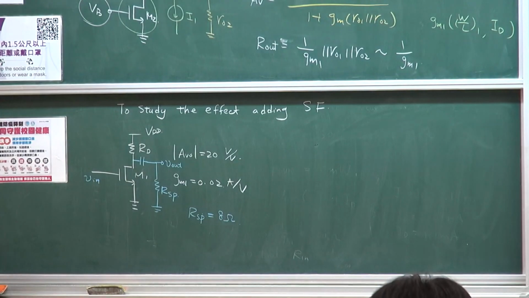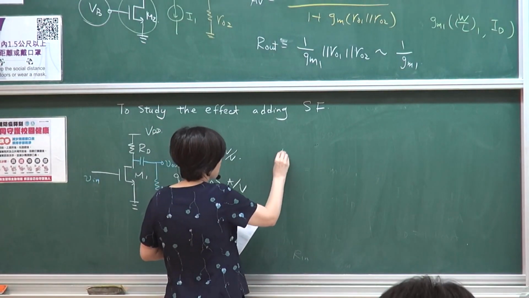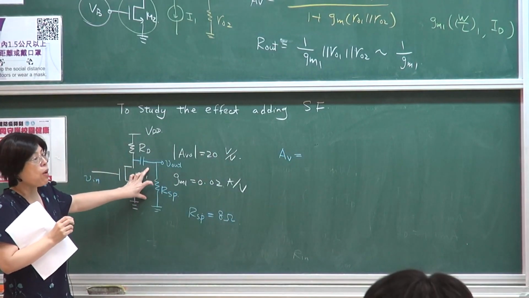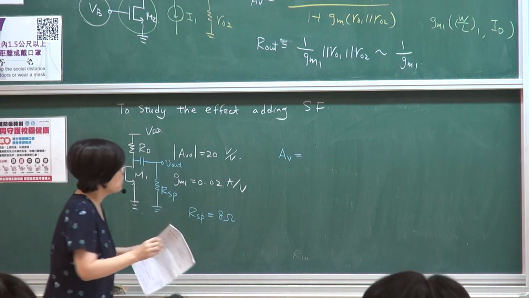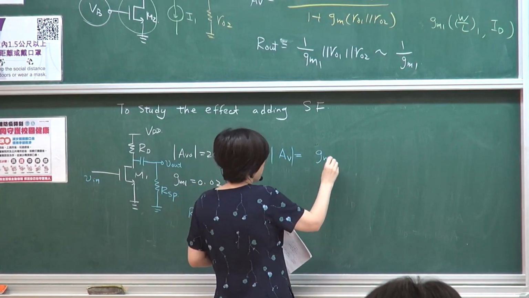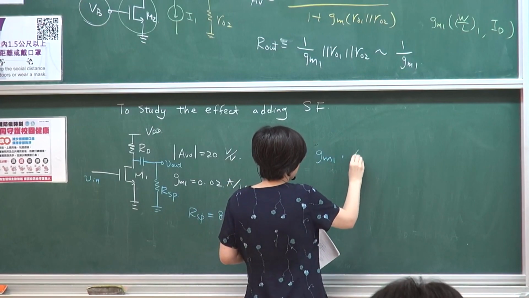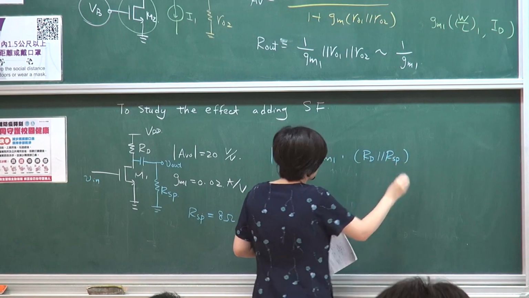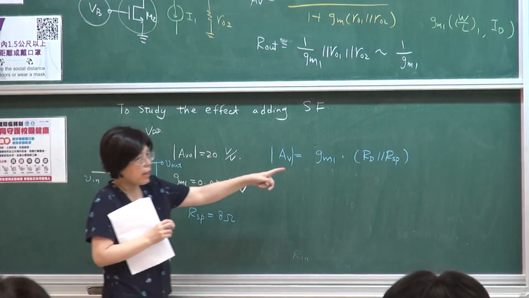So we already know that in this case your voltage gain is not open-circuit anymore because I'm connecting to a very small resistance. If this is my design, the gain will simply be approximately GM1 times RD in parallel with RSB. We know RD is much, much larger than this, and RSB is 8 ohm.